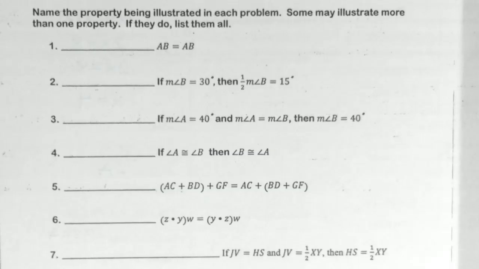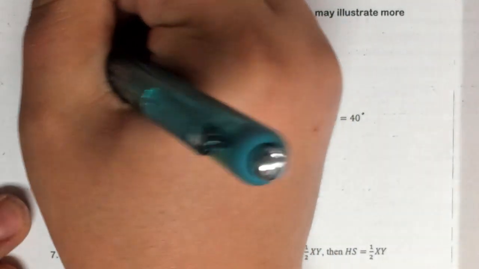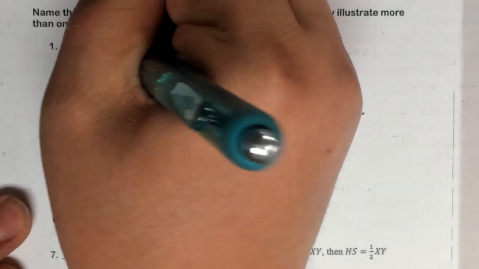What did we get? That should be the easiest one, right? Tomorrow I will count off. Please, again, you are writing reflexive.